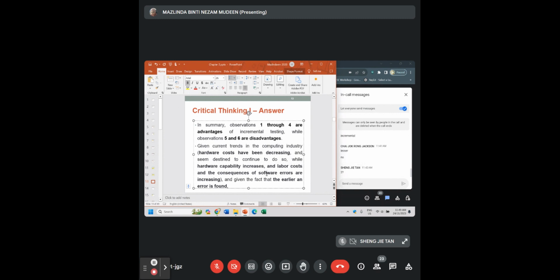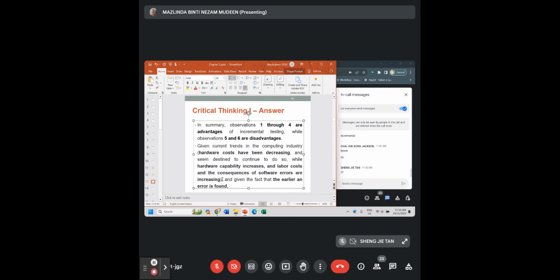So hardware capability increases, and labor costs, the people we need, and the consequences of software errors are increasing.